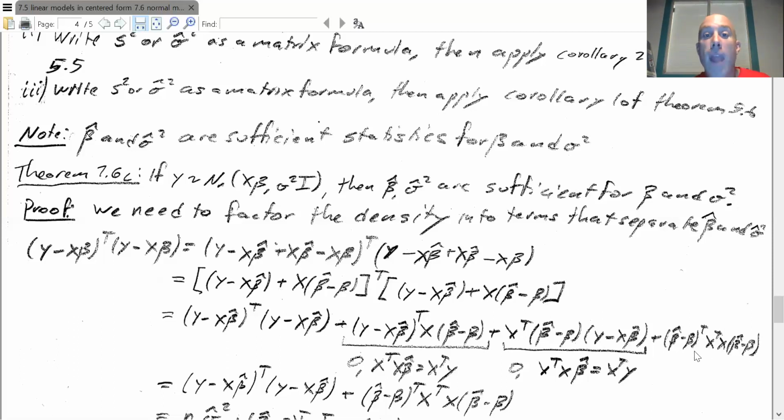Okay, so now, remember that x transpose x beta hat is equal to x transpose y. That's part of the derivation of beta hat. Because of that, this part, when I go through and distribute the x, is going to be equal to 0.